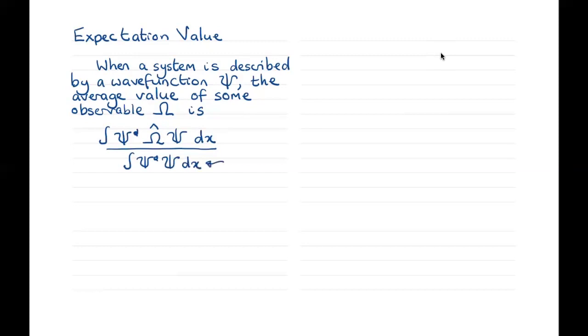So this denominator, we only have to worry about if psi wasn't appropriately normalized at the start. And this average value of the observable is called the expectation value.